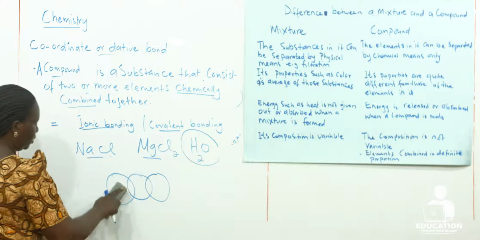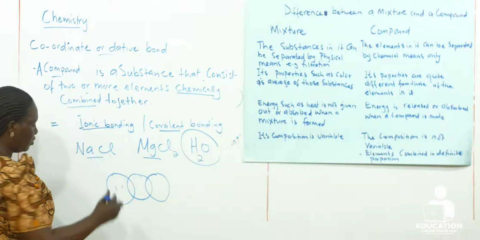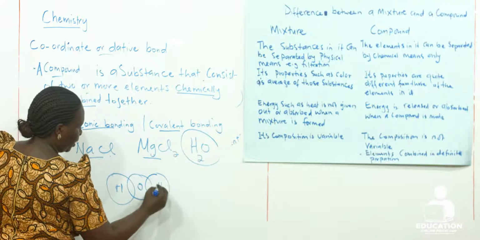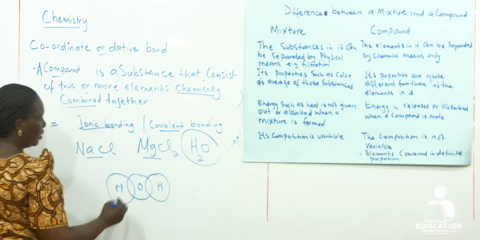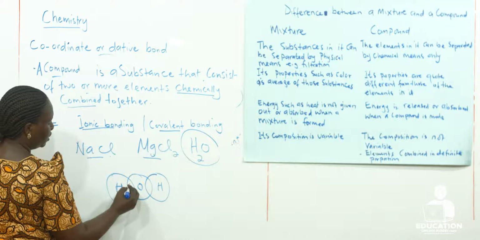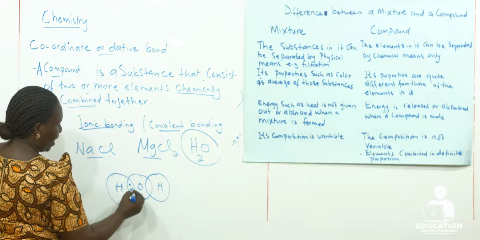We have oxygen, we have hydrogen. And then each atom of hydrogen will contribute its only one electron, and oxygen will contribute one at each side.